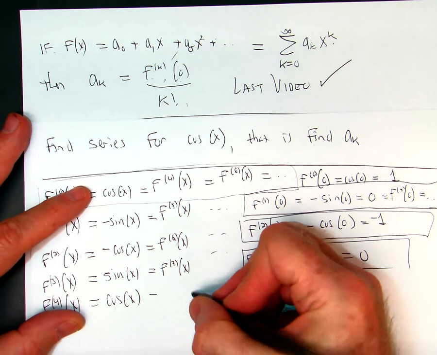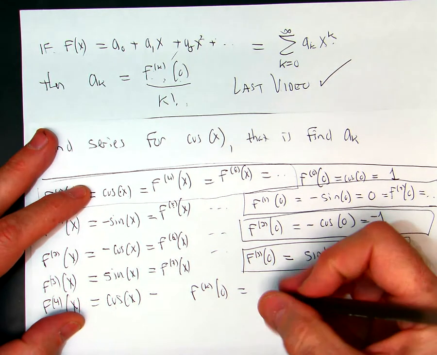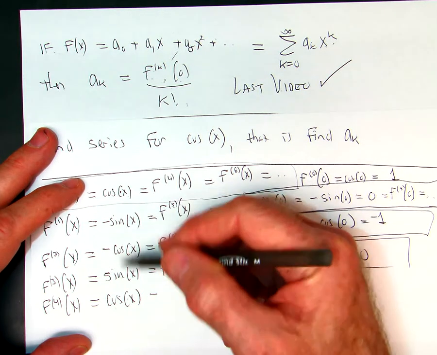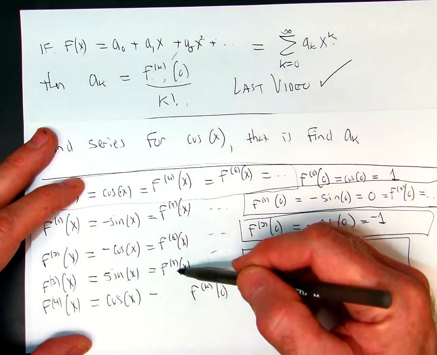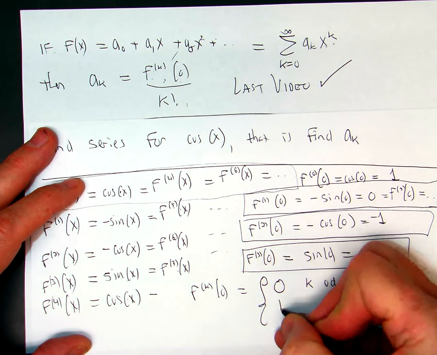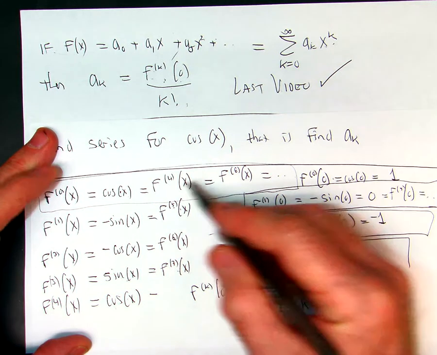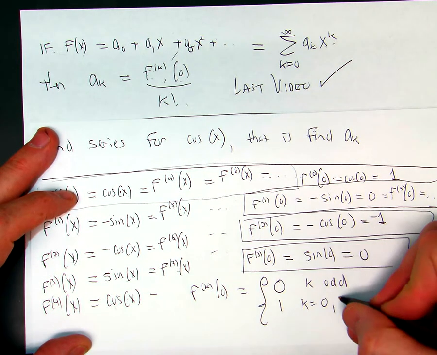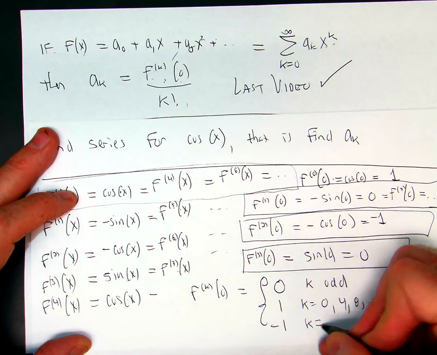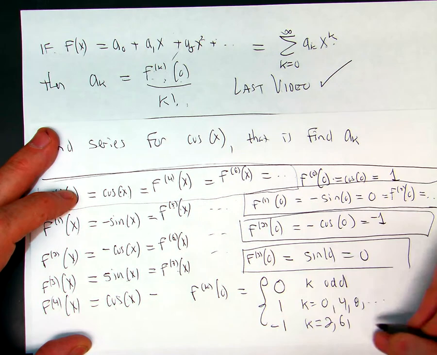So we have our pattern. This is going to be 0 whenever k is odd, at 1, 3, 5, 7, 9, 11. It's going to be equal to 1 when k is equal to 0. We saw that here. Same at 4, same at 8. And it's going to be equal to minus 1 when k is 2, 6, 10, and so forth.